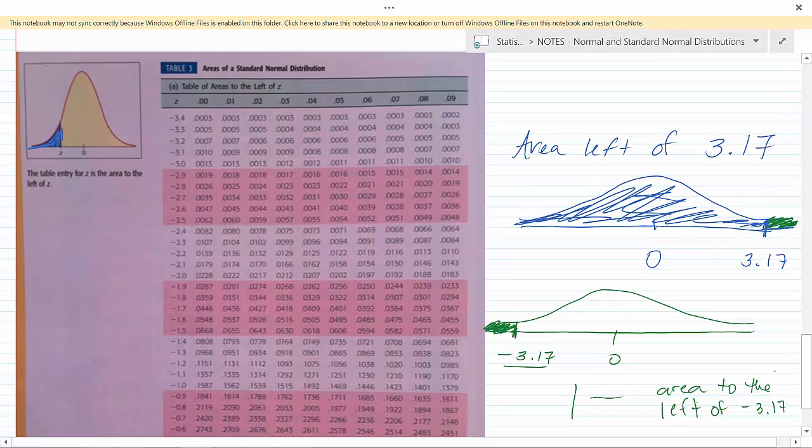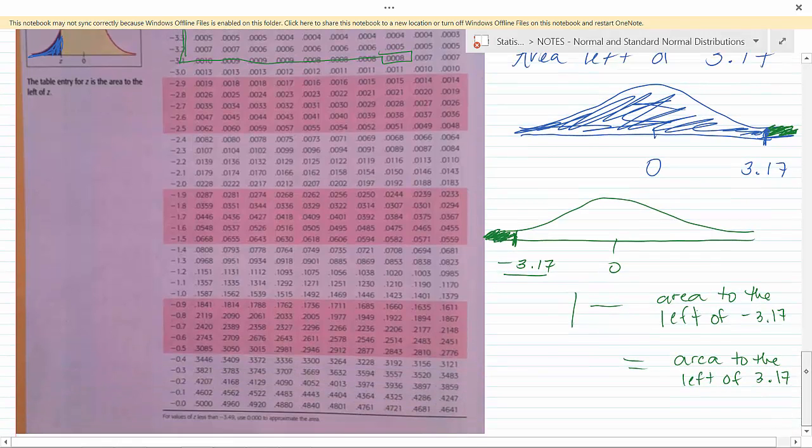So I'm going to find negative 3.1, and then I'm going to go over to 0.07, and I'm going to do 1 minus that number. So 1 minus 0.0008 is going to give me the area to the left of positive 3.17.